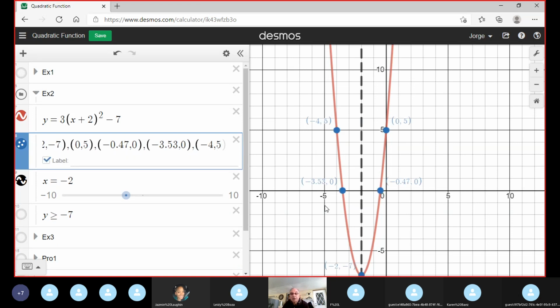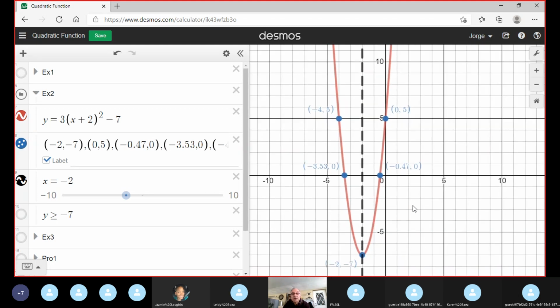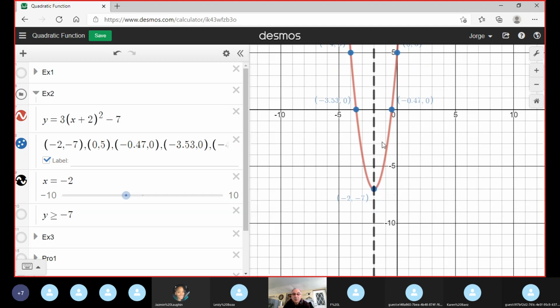Okay, super. Okay. What about? Okay, we have the collection of the 5 points and our parabola opens up. What about domain? It's always all real numbers. However, the range, no. The range is from -7, que is the minimum value, look, to positive infinity.